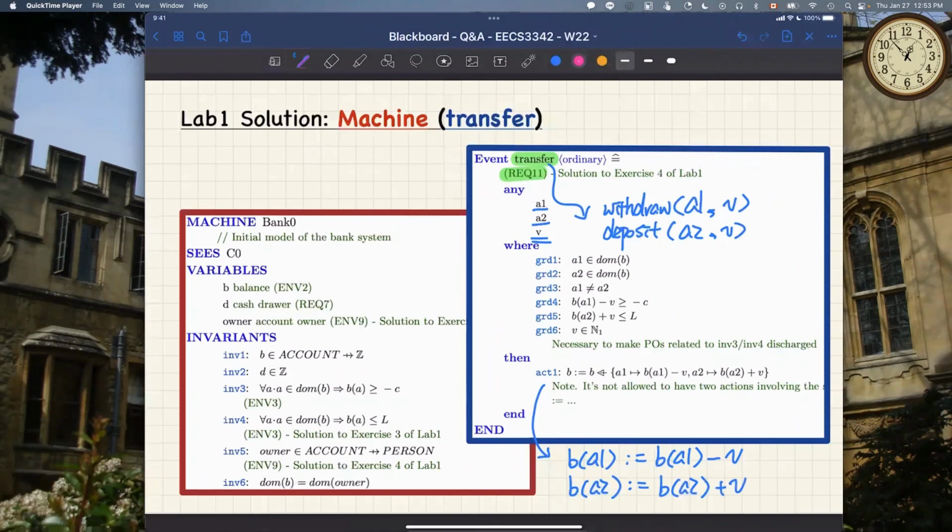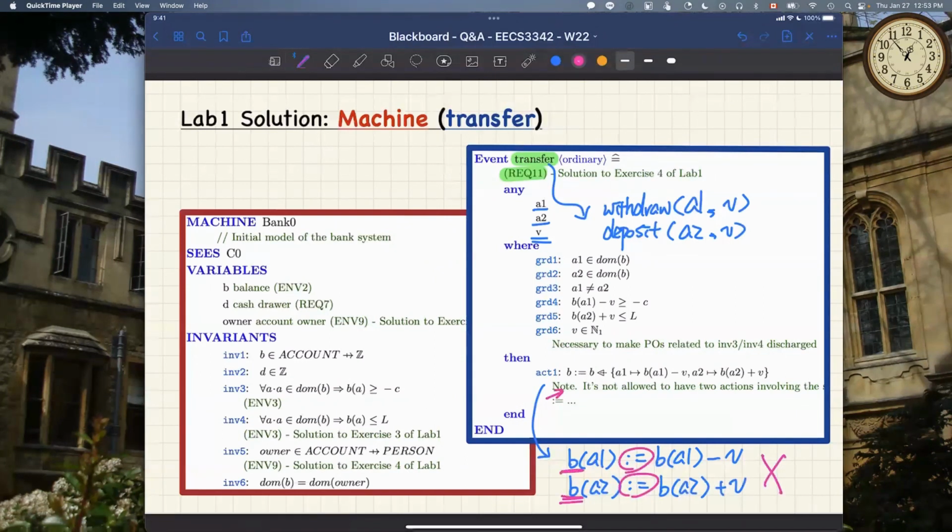However, Rodin wouldn't allow this syntactically. That's why I put the comments over here. For the actions, they are more like a specification rather than sequential execution of assignments, like in Java. So they don't allow the same variable to appear on the left-hand side of this colon-equals operator, which I explained in detail in the week 3 lecture.